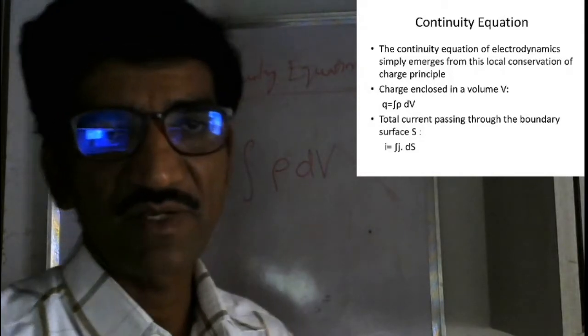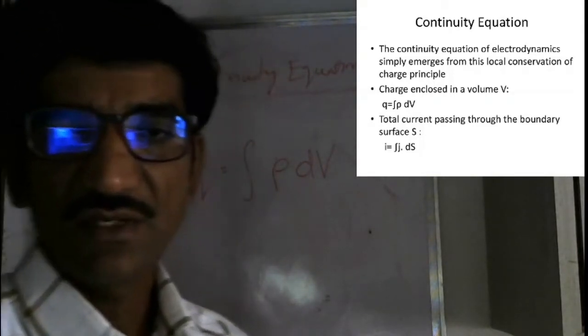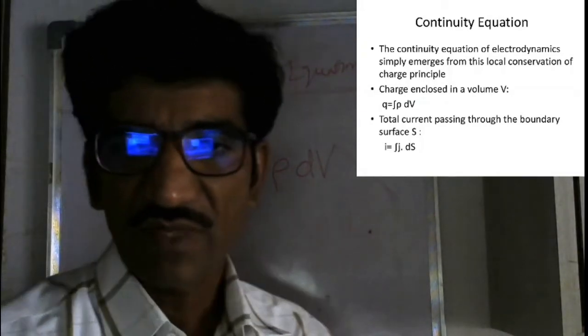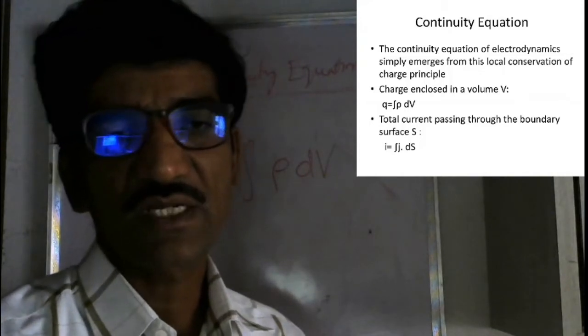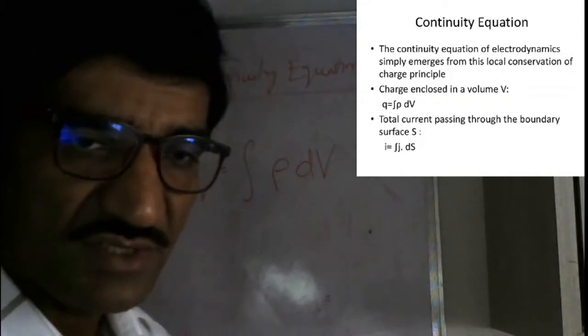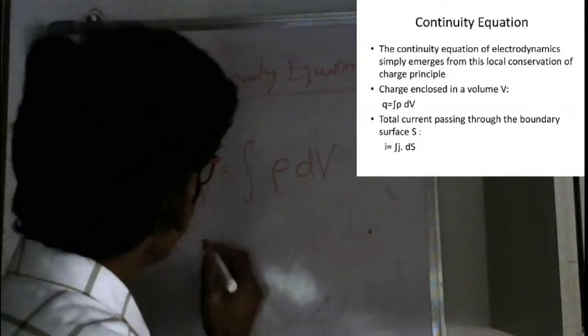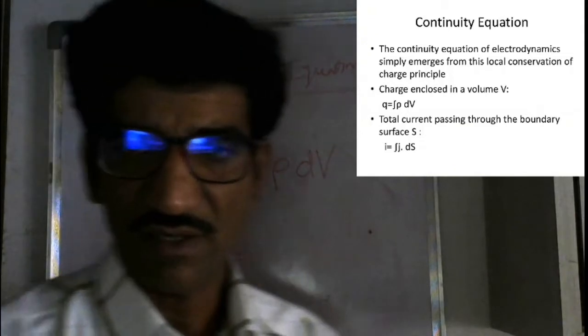The direction may be inside of this volume or outside of this volume. So, this current, the total current passing through the boundary of the surface, is now given by, here you are having the surface.